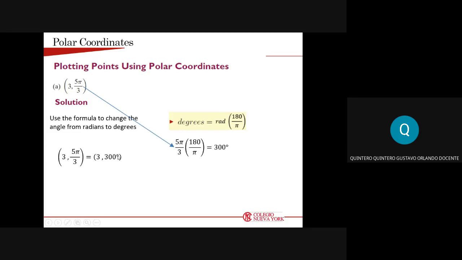So maybe that makes things easier now, because if we have a protractor, which by the way you guys should have right now, because this is one of the materials of mathematics, right? Now we can plot this point better. Instead of 5 pi over 3, which is kind of a bad looking number, we can now do 300 degrees.